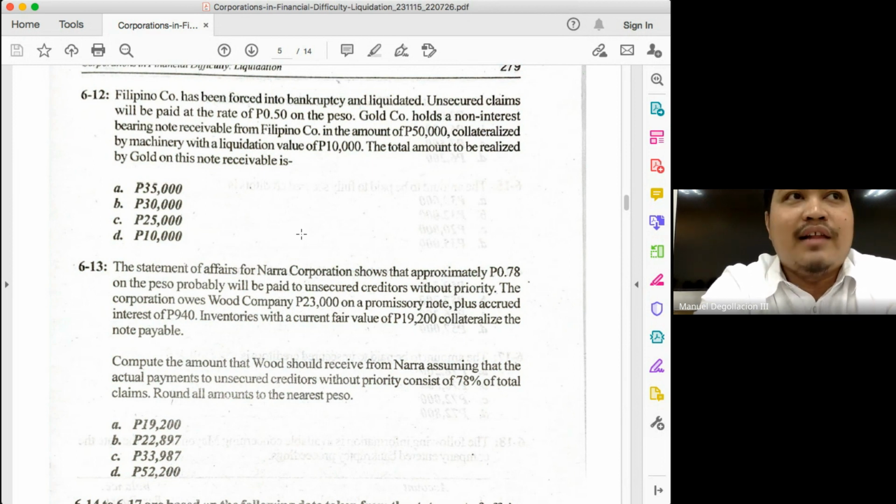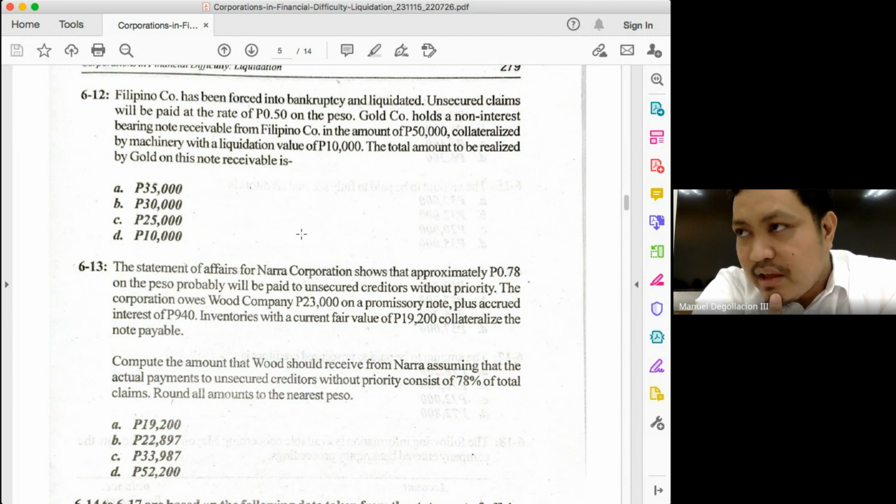Now, will the creditor not receive anything for the unsecured portion? No, it will be able to recover a portion of it. For unsecured amounts, full recovery will not be made, but you will still be able to make partial recovery based on the recovery rate. So again, the unsecured portion is 4,740.